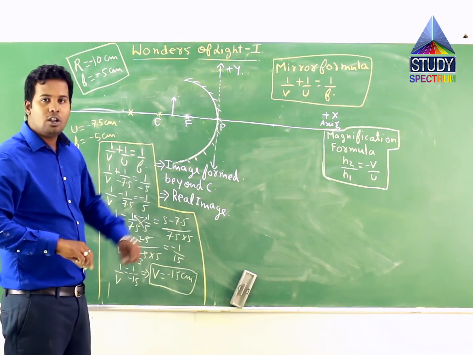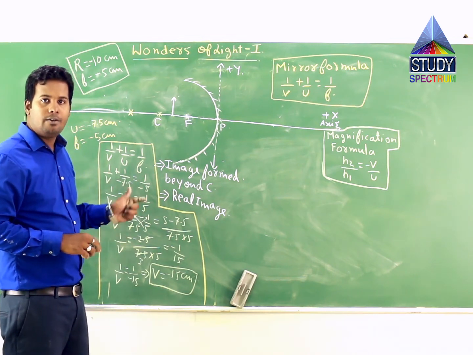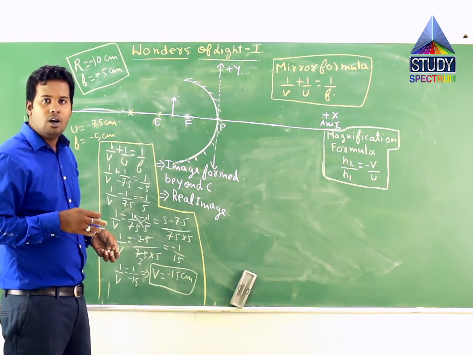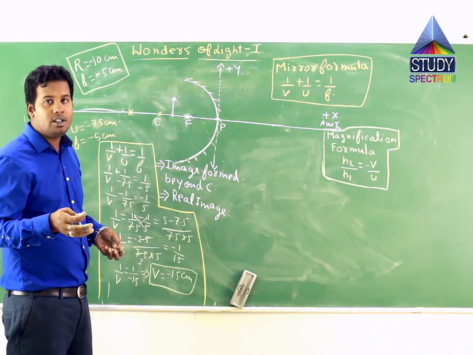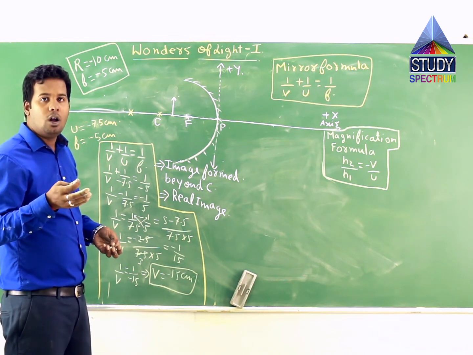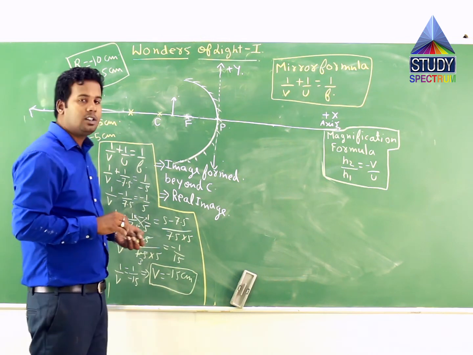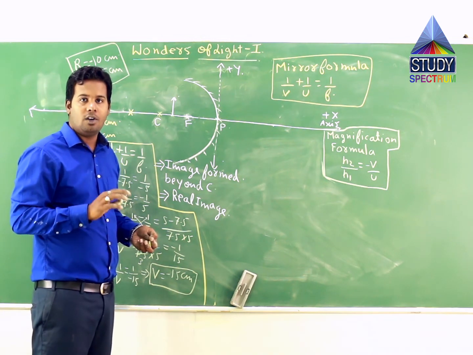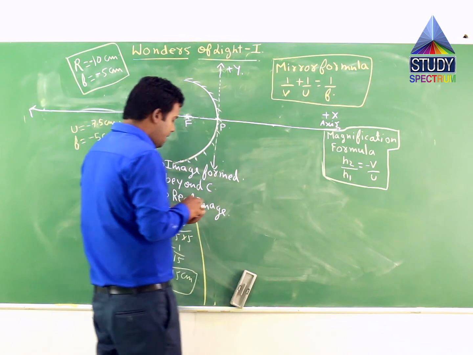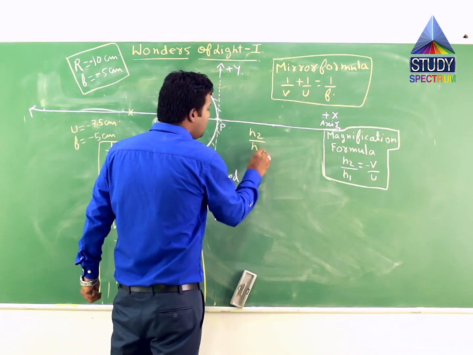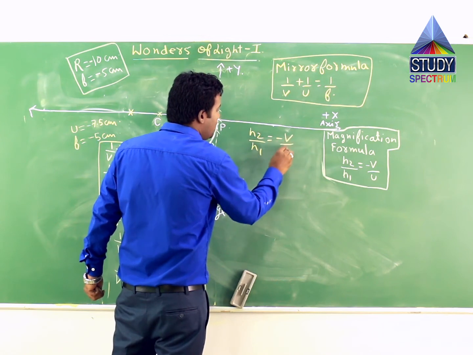Now we will again use the magnification formula for this case and find the next two results. That is whether the height of image is diminished, equal or magnified than the height of object, and whether the image is erect or inverted. Now the magnification formula h2 by h1 is equal to minus v by u.